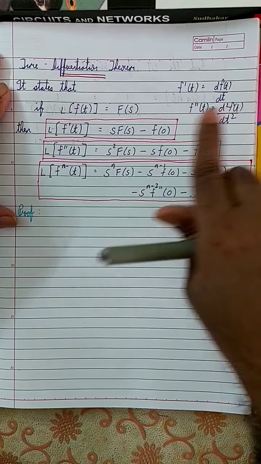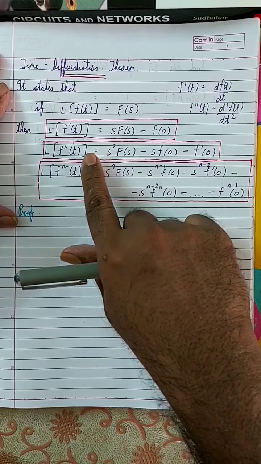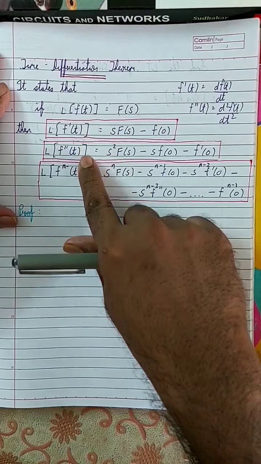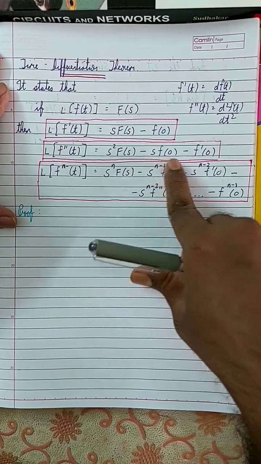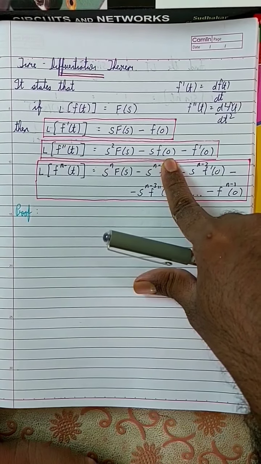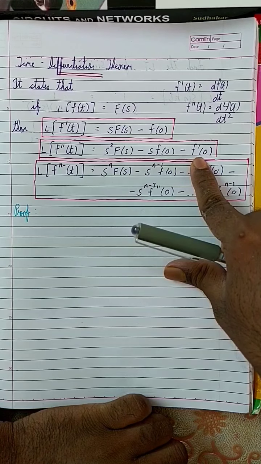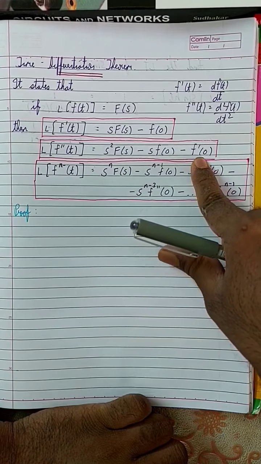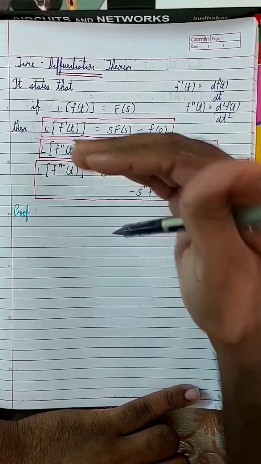Which means, to find the Laplace transform of the second order derivative of this function, you need to multiply your f of s with s square, minus s into the value of f of t at time t is equal to 0, then minus the derivative of f of t at time t is equal to 0. So this is how the equation goes on.